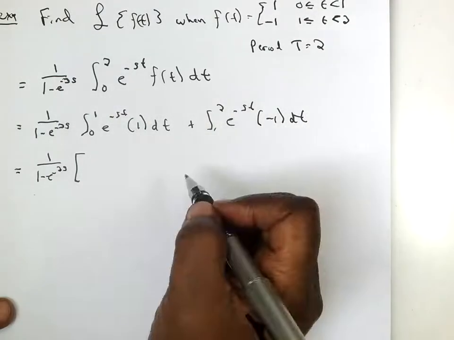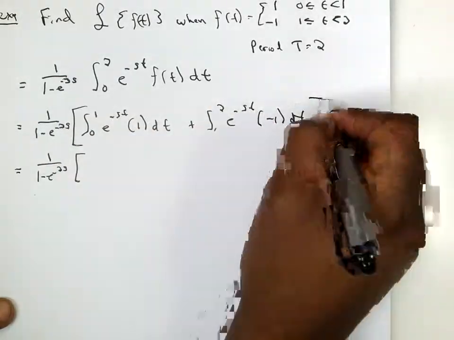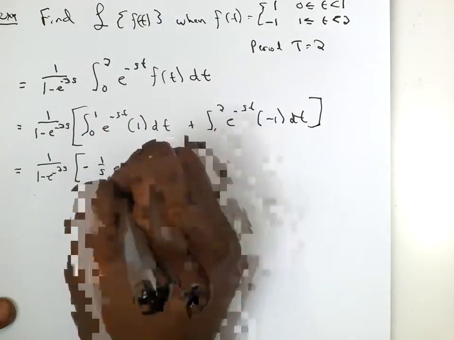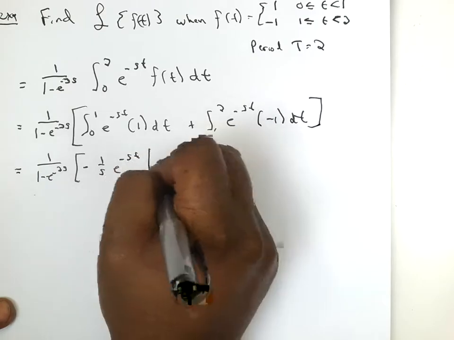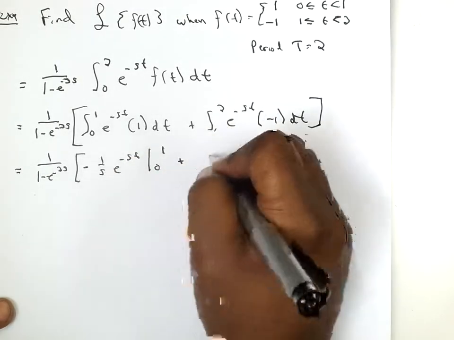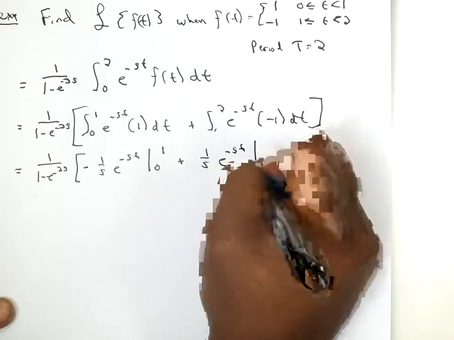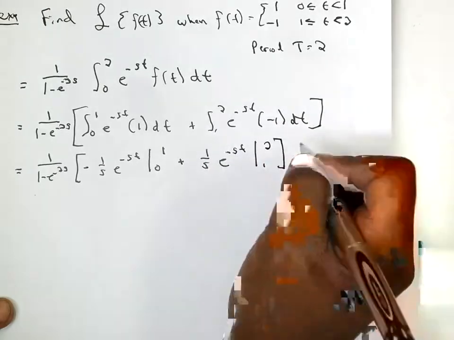That first part, oops, drop my brackets up here. The first part is going to integrate to negative 1 over s, e to the negative st from 0 to 1. And for the second part, because of that negative 1, it's going to balance it out. So it's 1 over s, e to the negative st from 1 to 2.